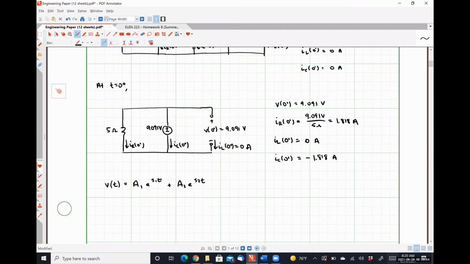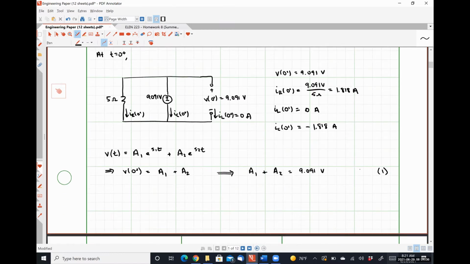I don't have to add my infinity term because I know that it's 0. It's of this form because the circuit is overdamped. At t equals 0, V of 0 plus becomes A1 plus A2. So A1 plus A2 is equal to 9.091 volts. This is my first equation. Easy peasy.